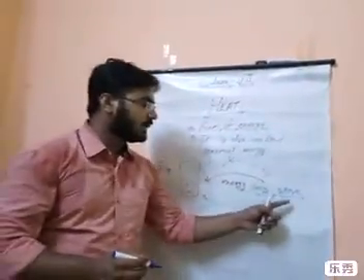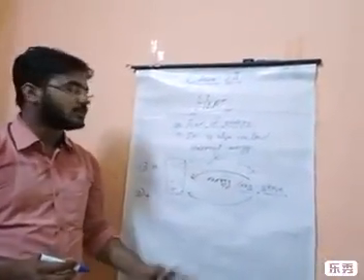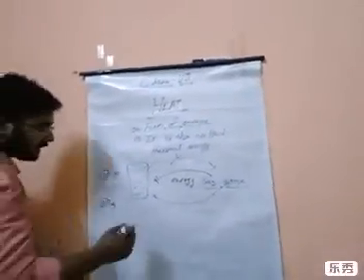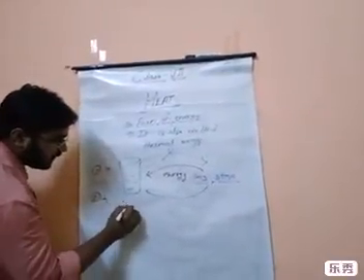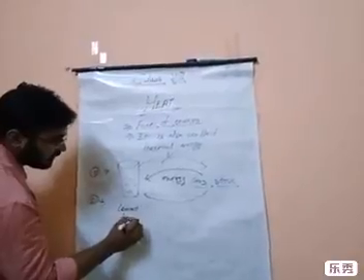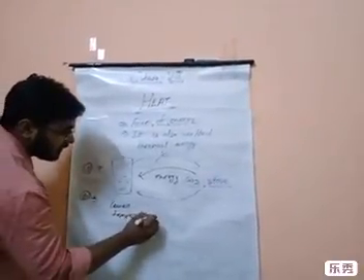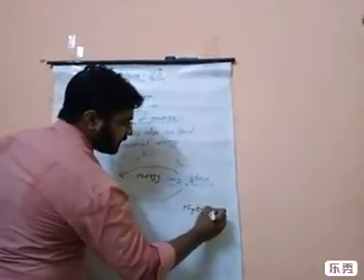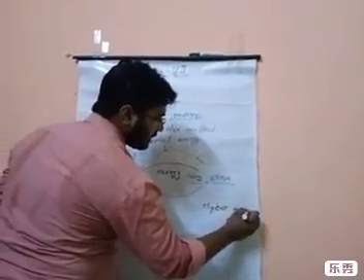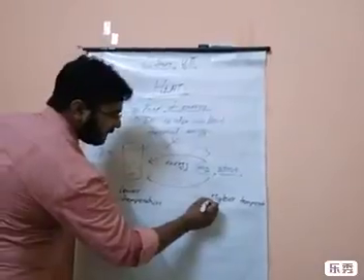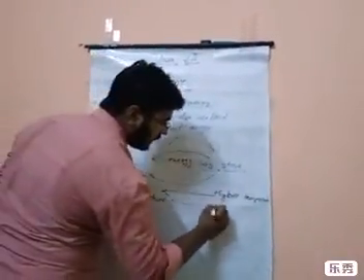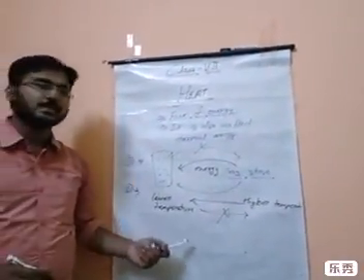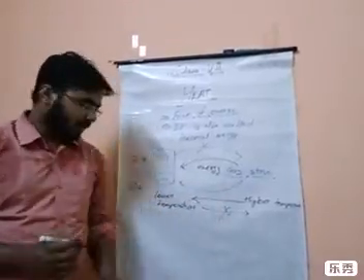So that's why heat always travels from higher temperature to lower temperature. So for the second point we can write here: lower temperature, higher temperature. It can be transferred from this place to this place, but from this place to this it is not possible.